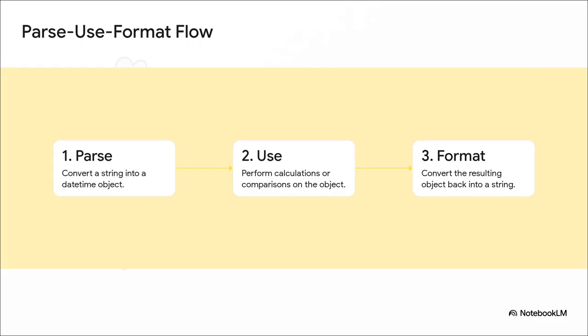It really boils down to a super simple 3-step process. Step 1, you parse the incoming string to create a real datetime object. Step 2, you use that object to do your actual work, the math, the comparisons, whatever it is you need to do. And finally, step 3, you format the result back into a nice, clean string for your user to see. Parse, use, format. That's the entire flow.